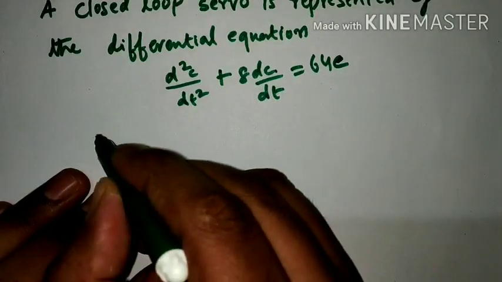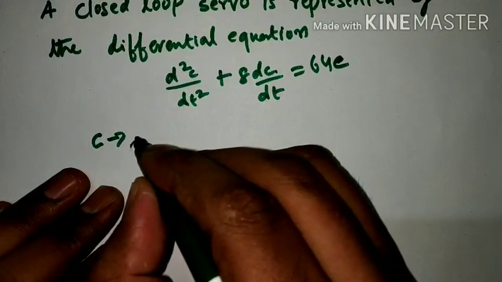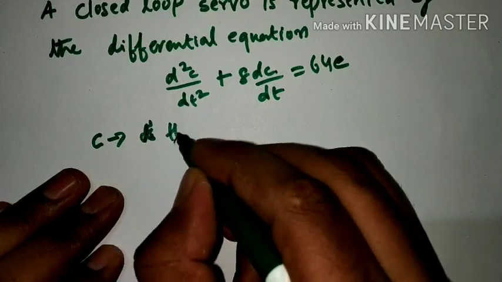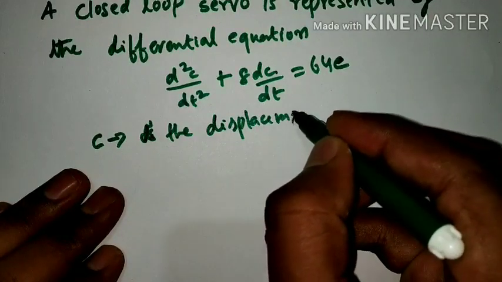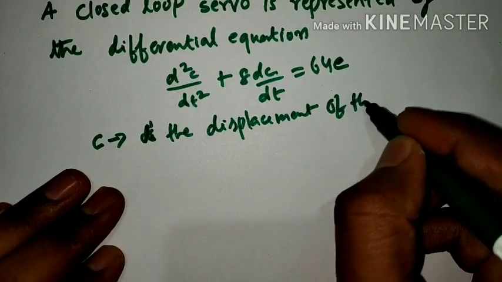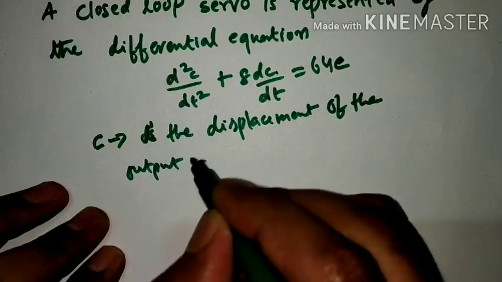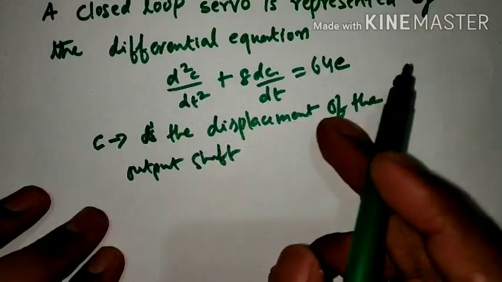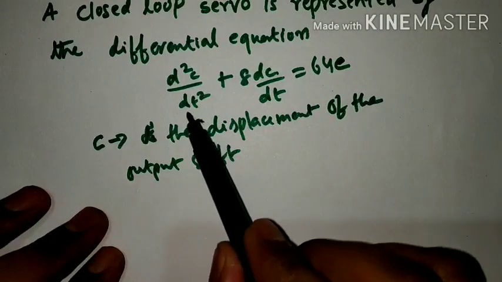Here c is the displacement of the output shaft. Okay, so there is a servo motor, so that's the servo system. The differential equation is this.